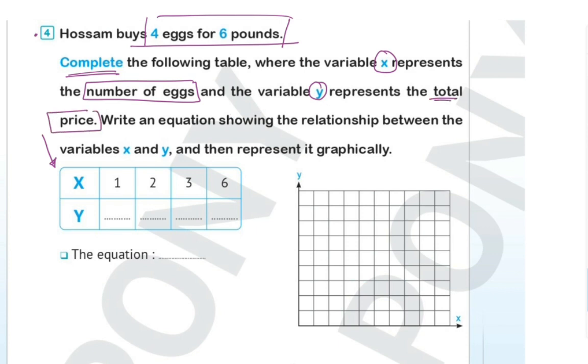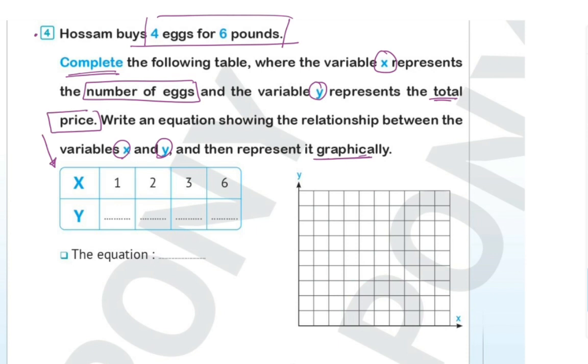This means 4 eggs as x, 6 pounds as y. Now write the equation showing the relationship between the variables x and y, and then represent it graphically.